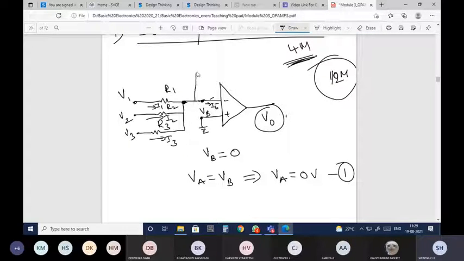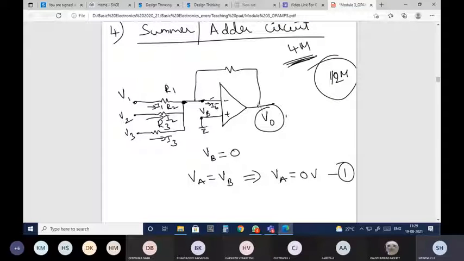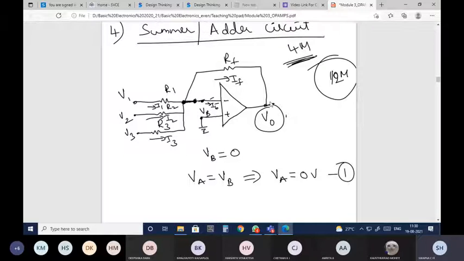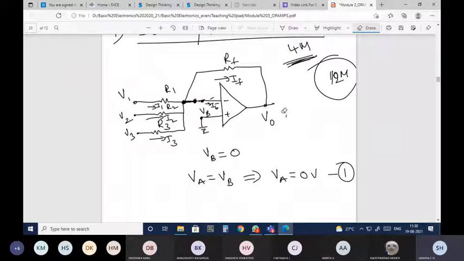This is my RF and this current I have taken as IF. So I am saying that this node and this node are the same because it is just connected with a wire. If you have any doubt, you can remove this, erase this, and connect it in this way. It's the same circuit.